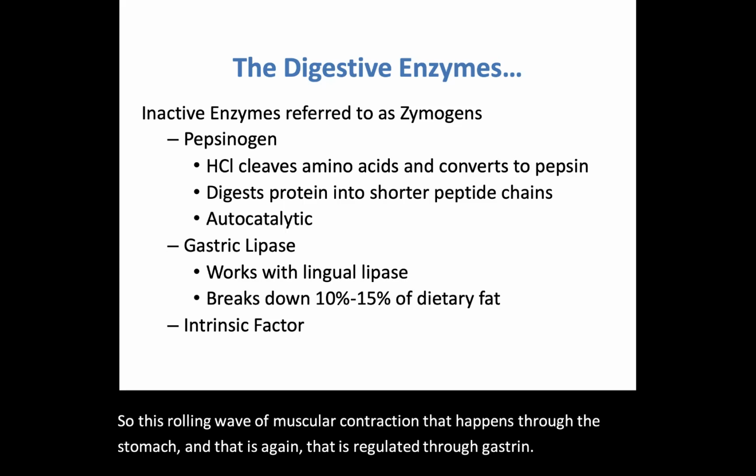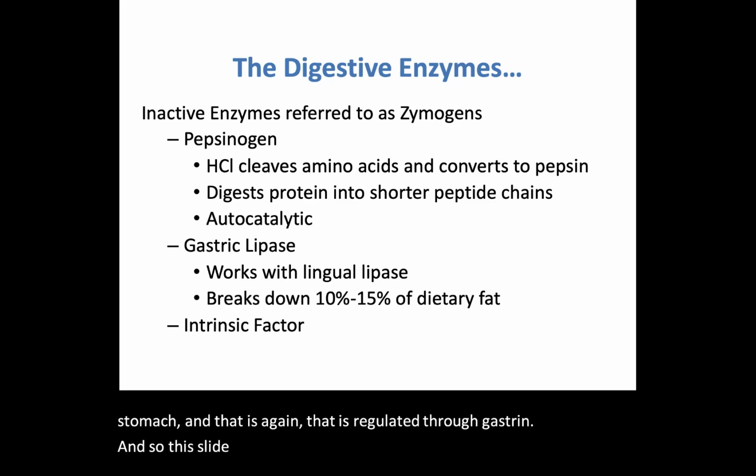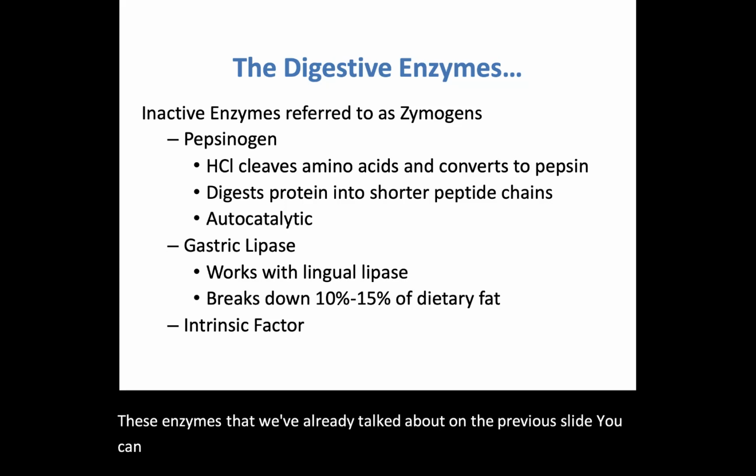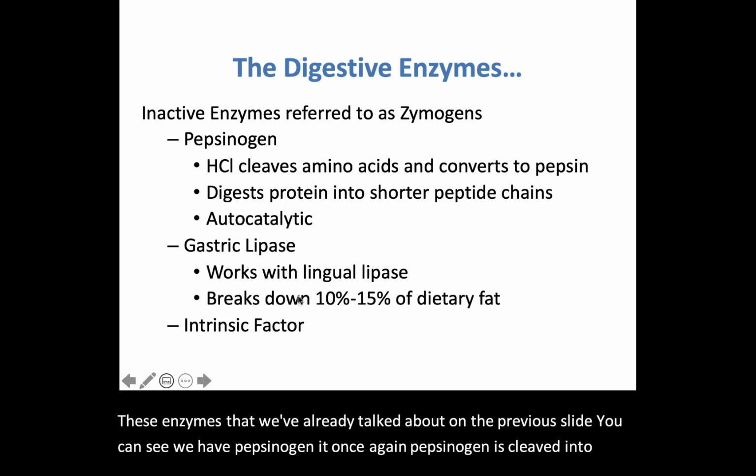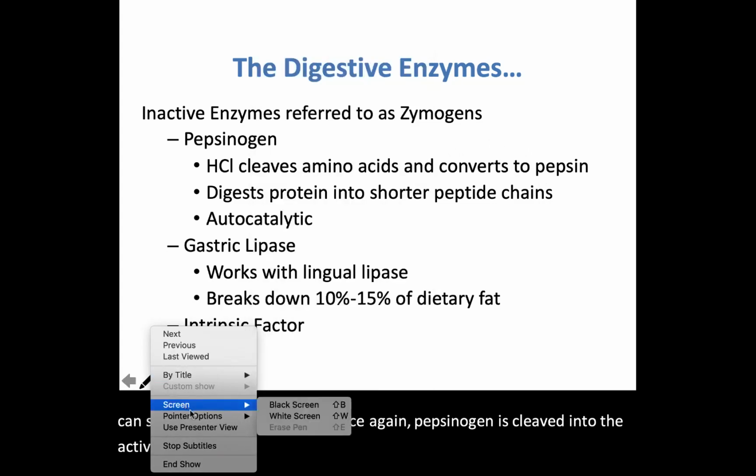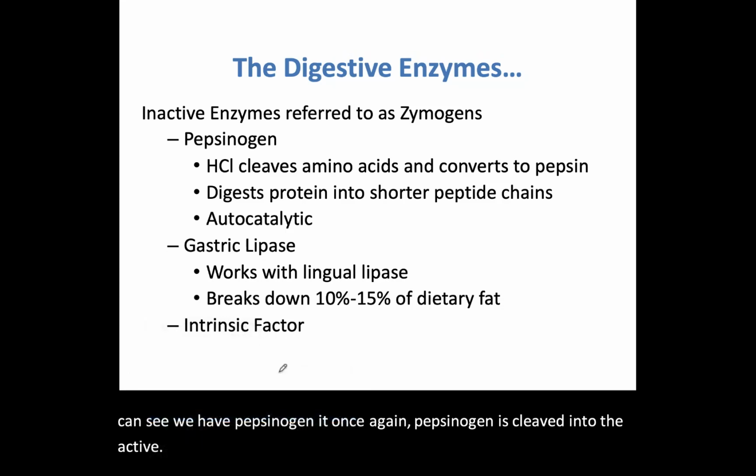And so this slide here just breaks down for you these enzymes that we've already talked about on the previous slide. You can see we have pepsinogen. Once again, pepsinogen is cleaved into the active form of pepsin.